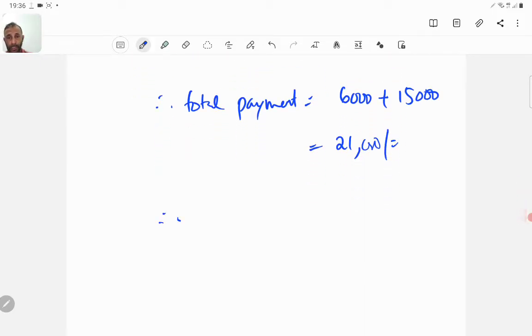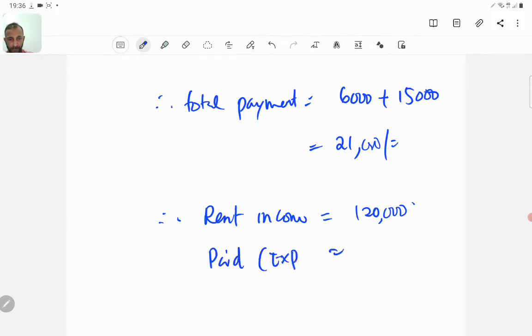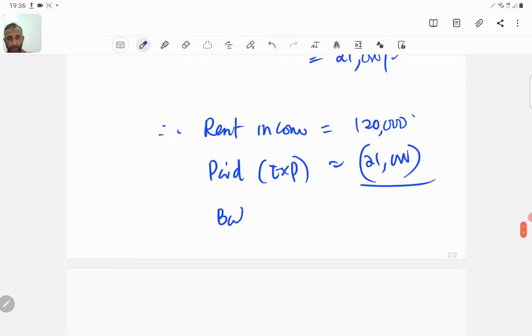He received rent income of 120,000 and he paid expenses of 21,000. So the balance will be 99,000. That is the balance amount he has in his hands.